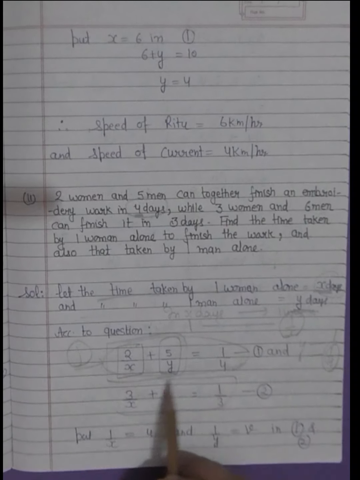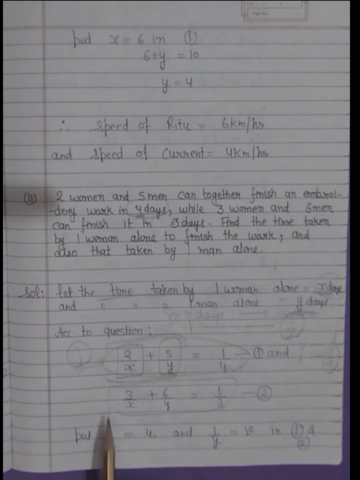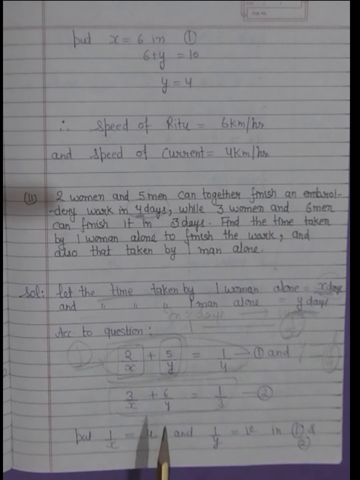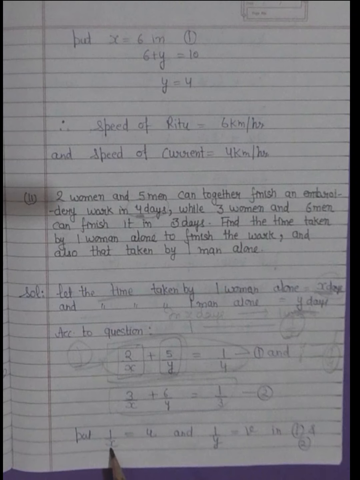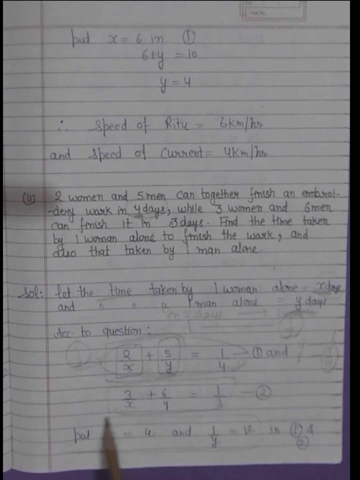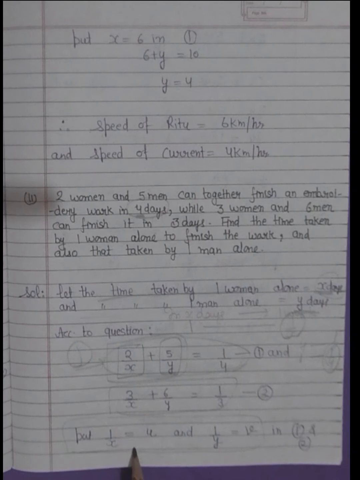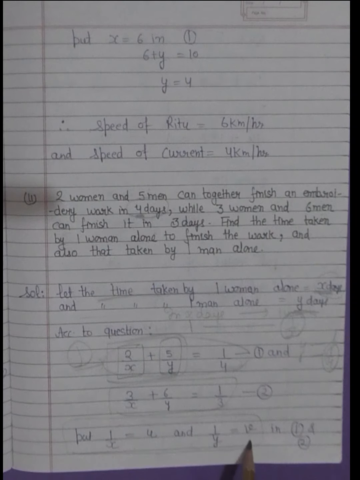Similarly, I have written another equation: 3 by x plus 6 by y is equal to 1 by 3. Now, this can be reduced into a pair of linear equations by putting 1 by x as u and 1 by y as v. I know you already know how to solve it. Then you can solve it and find the value of x and y both by yourself.